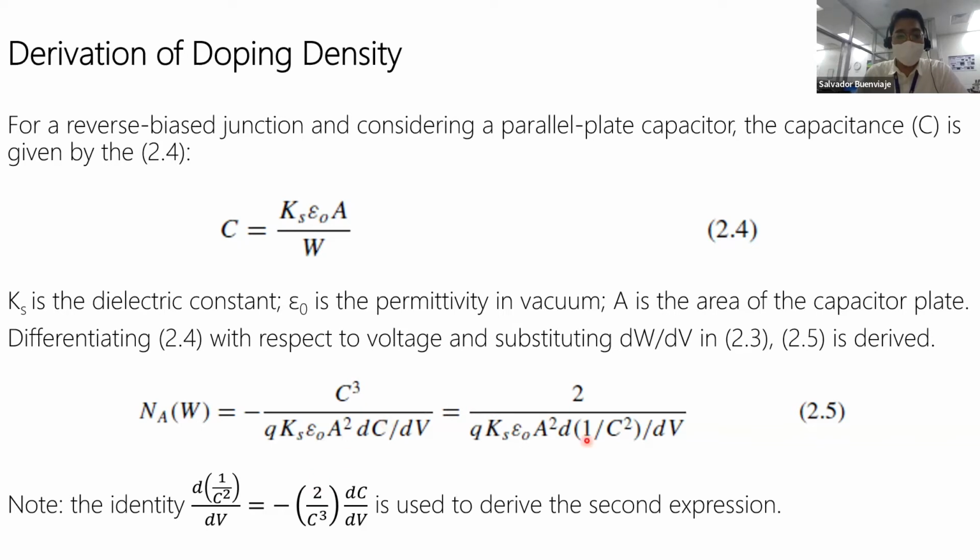From here, you can see that the C variables are in the denominator and are expressed as dC over dV and d of 1 over C squared over dV. This identity was used to derive the second expression of equation 2.5.